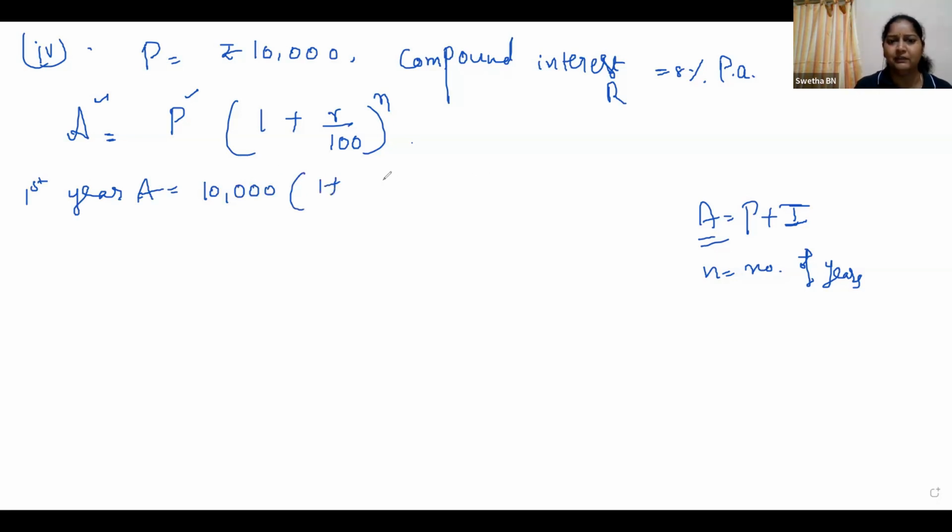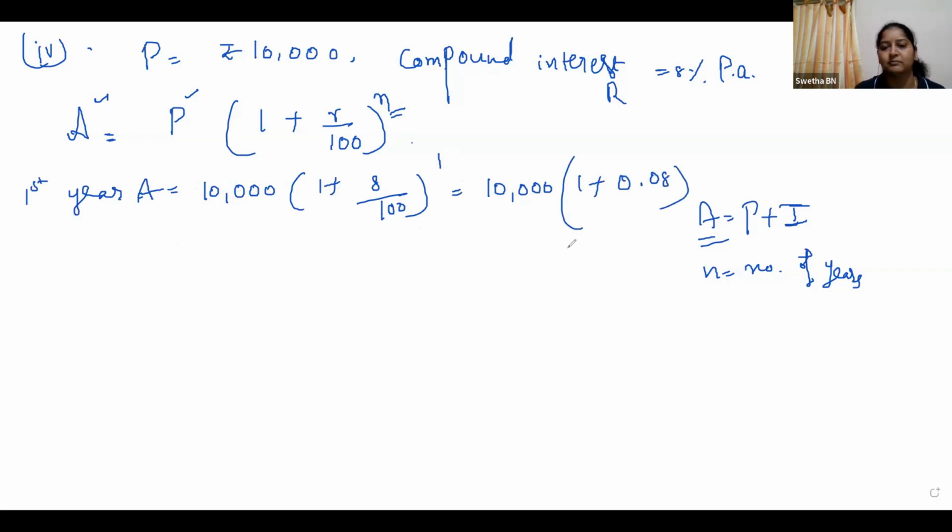R is given, P is given. 8 by 100, whole to the power of n, and n is equal to 1. 10,000 into 1 plus, shall I write 8 by 100 as 0.08? Yes, we can. So 1 plus 0.08 is 1.08. Call this A1.